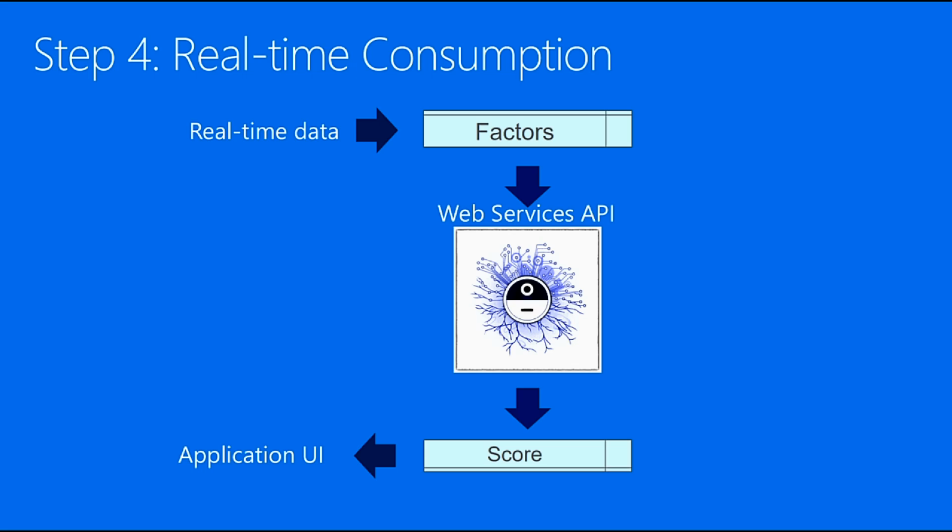From that real-time data, our factors, through the scores, we generate our prediction, our score, our recommendation, and then that gets displayed somehow in the application UI, either as a particular ad that I see in my website, or as a table of diseases that I might have based on the real-time DNA that I pass through this system.